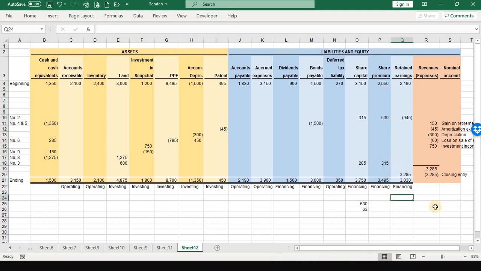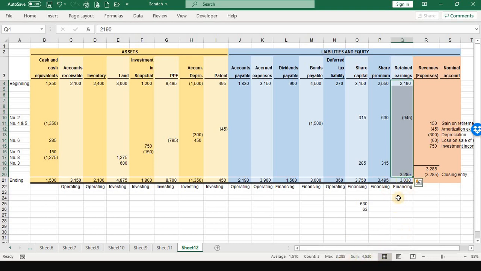So let us check the retained earnings account. The beginning balance of 2,190 less 945 pesos. Then let's add the net income of 3,285. The total is 4,530.